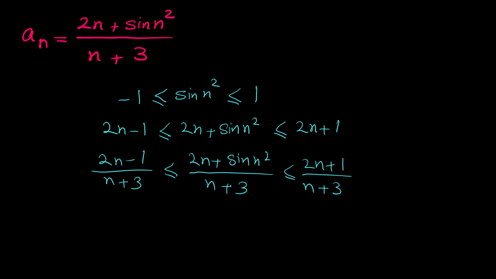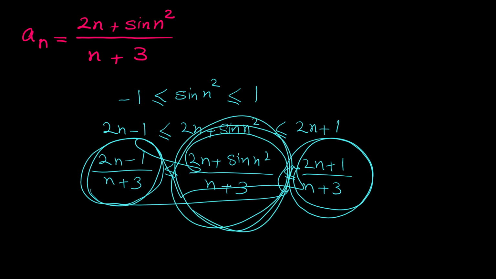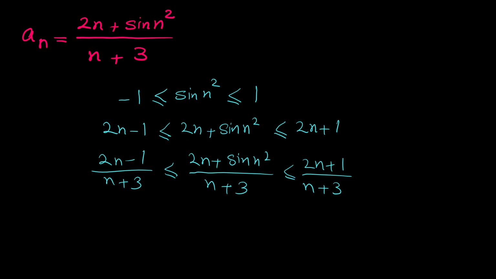Now, similar to the previous questions, we have to find the limit of the left and the limit of the right, because these are easier expressions compared to this middle expression. What is the limit of 2n minus 1 over n plus 3 as n approaches infinity?